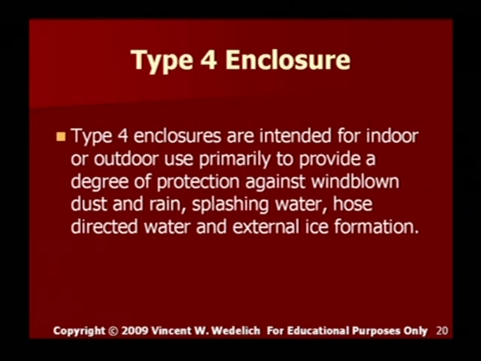Whereas a 3R type enclosure, or any of the type 3 enclosures, if you took a garden hose and sprayed it from the bottom up to the top of the enclosure, you'd get the equipment inside the enclosure wet. So type 4 enclosures actually provide protection against splashing water or hose-directed water and external ice formation.